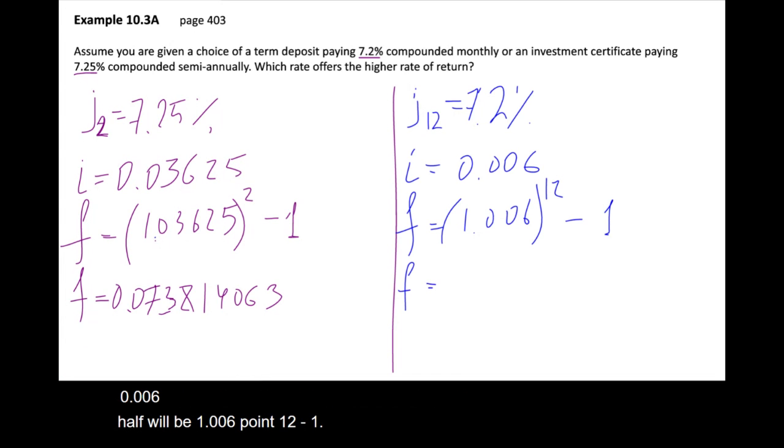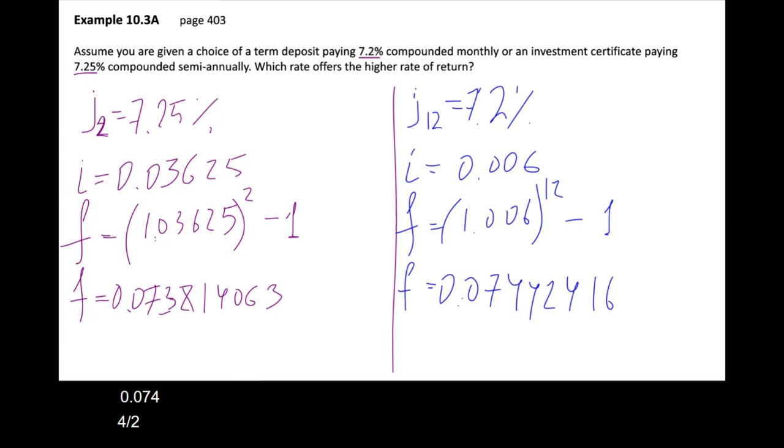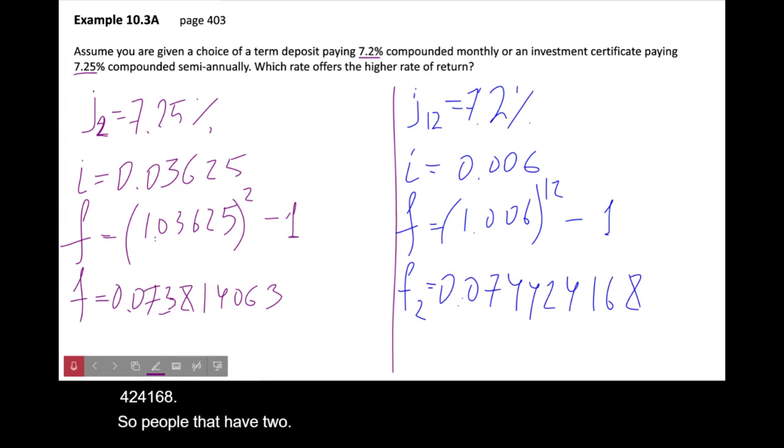So F is 0.074424168. Let me put it as F2, and here I put F1.